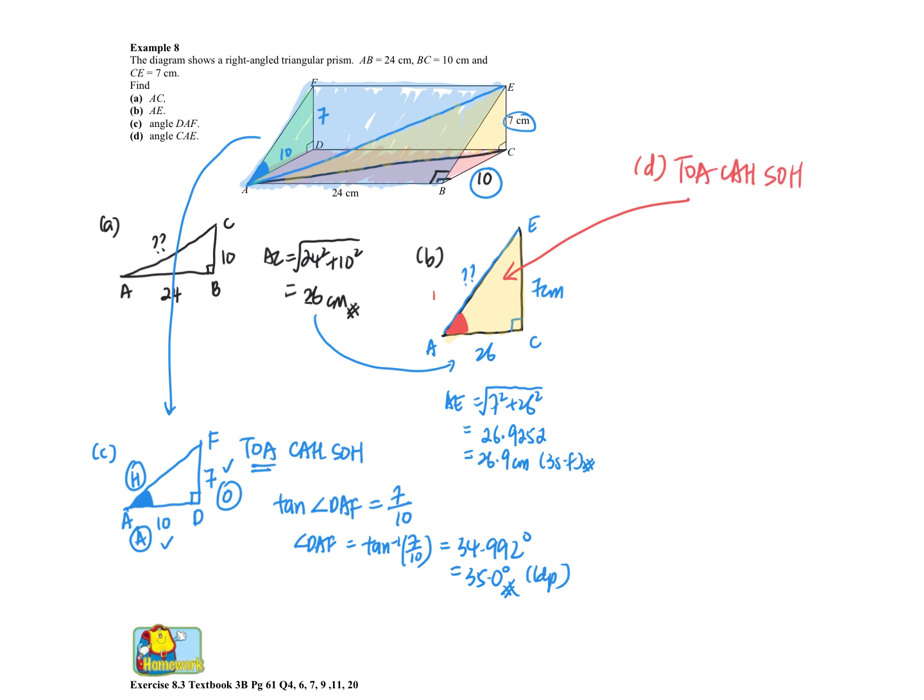So this is H, this is A, this is O. So with O and A, I will use tangent again. So tangent CAE is opposite over adjacent. So CAE is tangent inverse 7 out of 26.